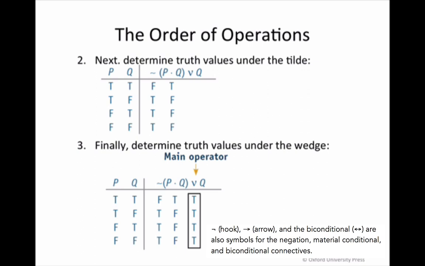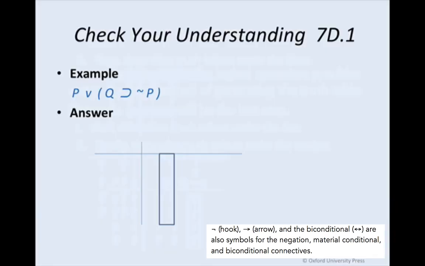We notice that the negation is always the opposite value of the sentence that's being negated. And then lastly, we see that, just as we discovered for ourselves, the disjunction comes out true in every instance. Let's try another one together.